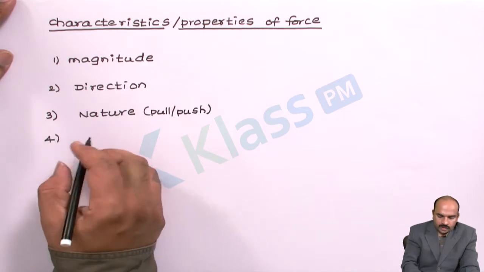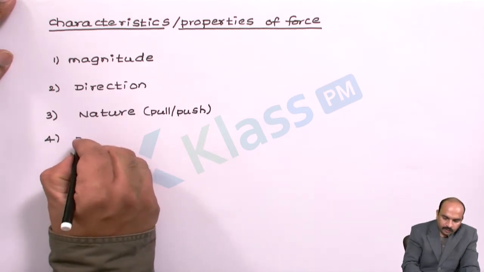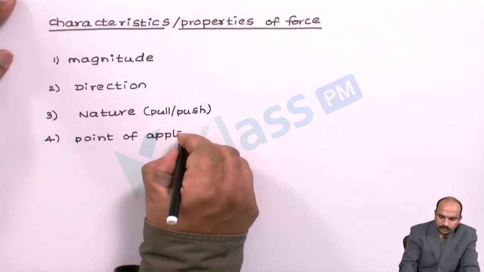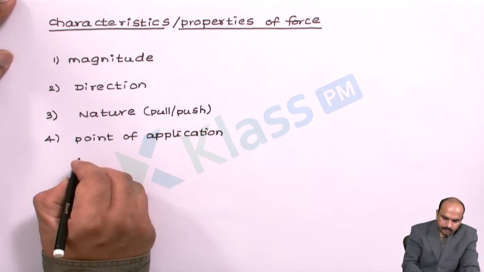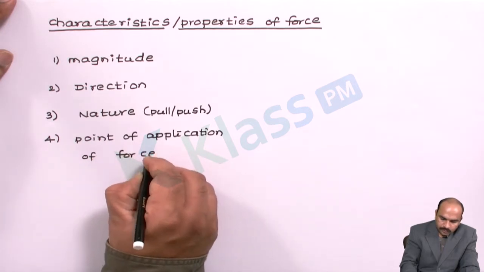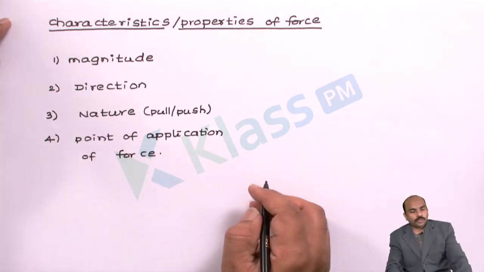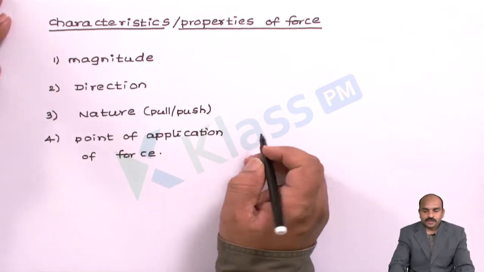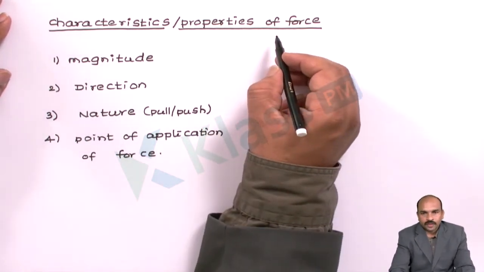Then the fourth one is the point of application of force, so at which point we are applying the force. So these are the four properties a single force is having.